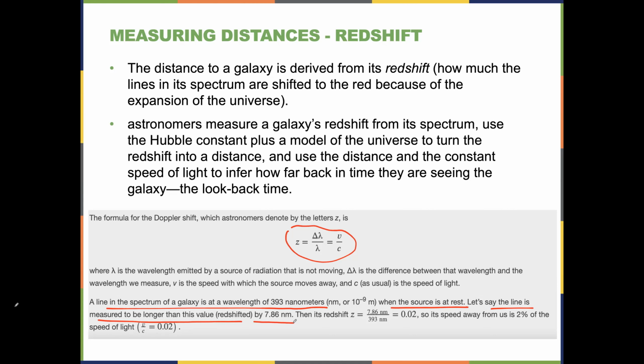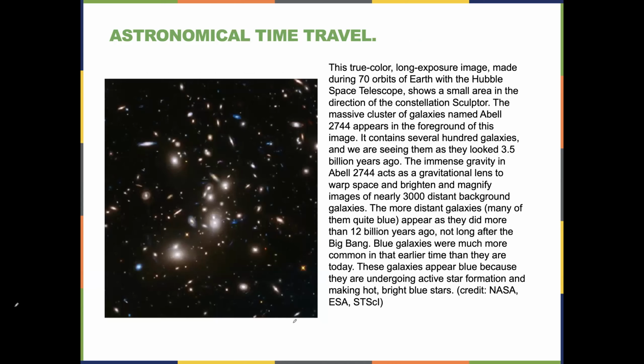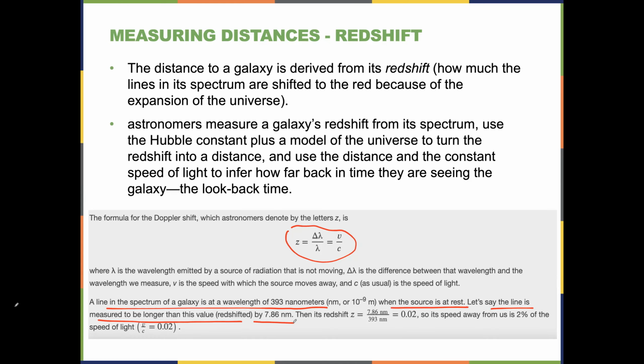When you take a spectrum of a galaxy, you don't know how far away it is, but when you take a spectrum of a galaxy that is so far away, you observe from the spectrum that this particular line has shifted by 7.86 nanometers, right? Now you can use this to calculate the redshift.